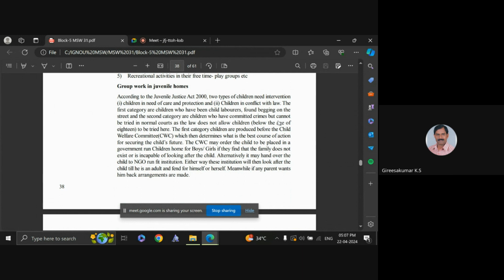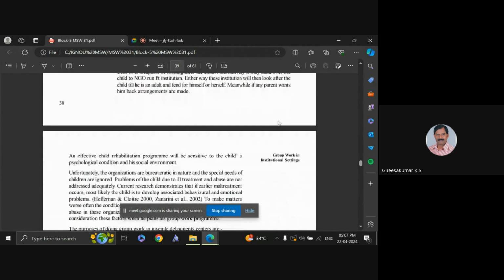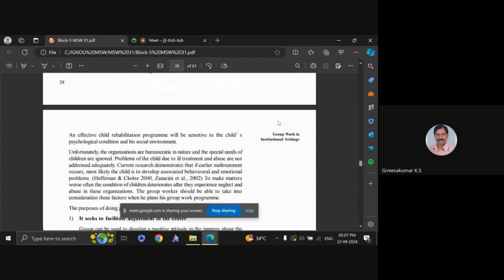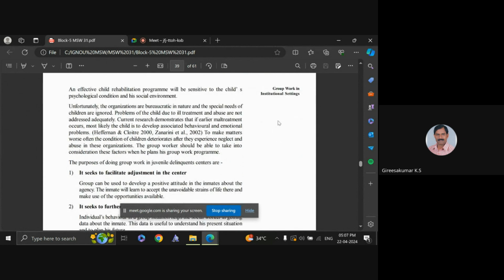So group work in juvenile homes is so important. These are of so much importance because they are to bring about change within people. So this organization should not be bureaucratic in nature.